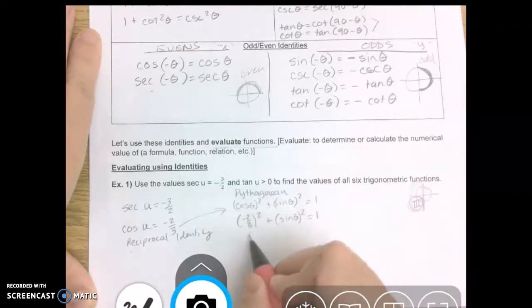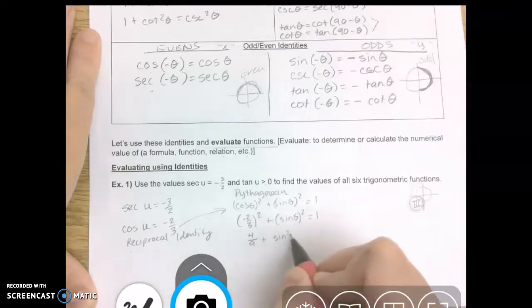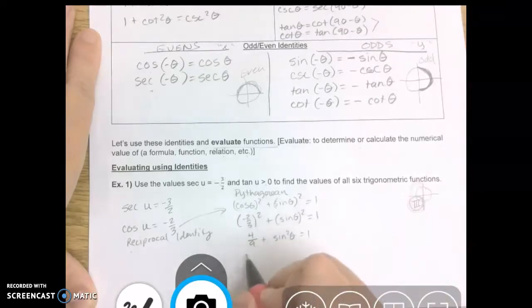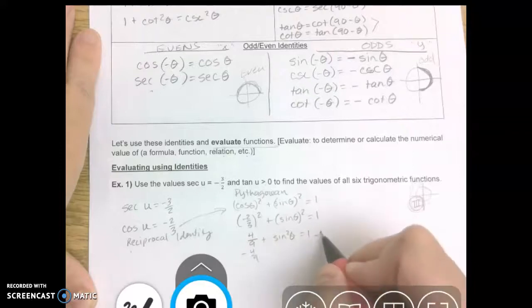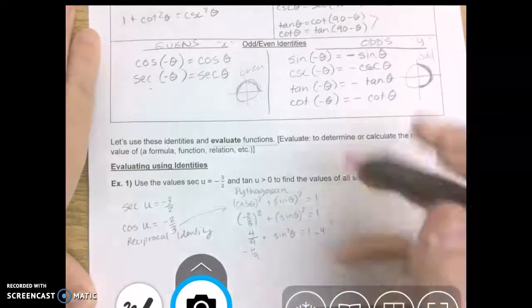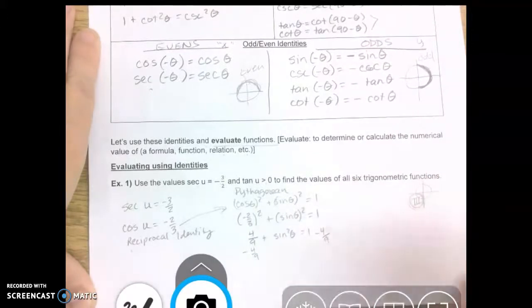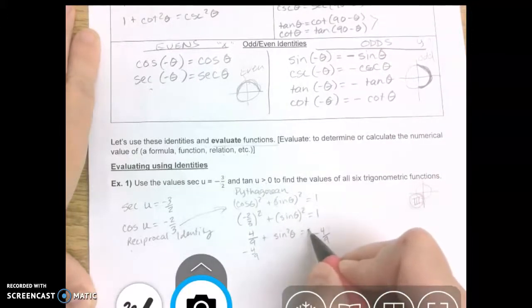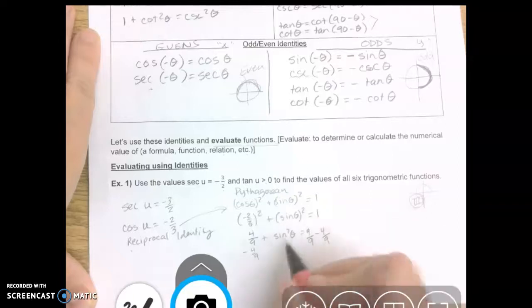So that's going to be 4/9, subtract 4/9. And then I'll just make this 9/9, so that the sine squared theta is going to be equal to 5/9.